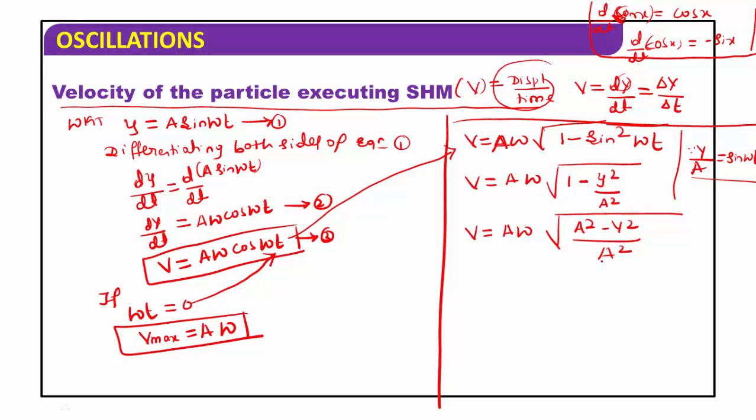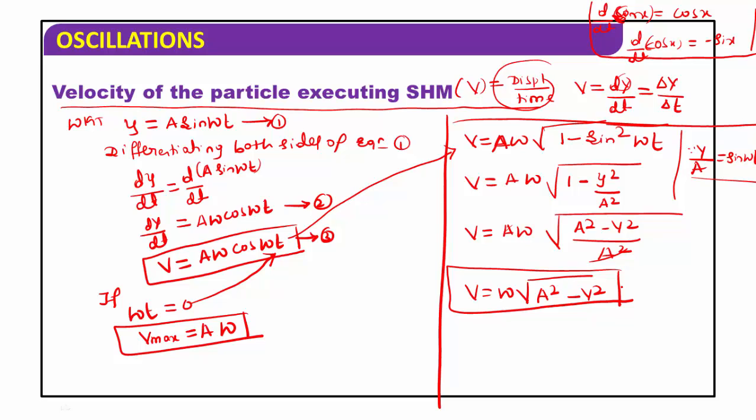Now you get the answer. V is equal to omega into root of a square minus y square, which is another form of velocity of the particle executing simple harmonic motion. These are simple mathematical steps.